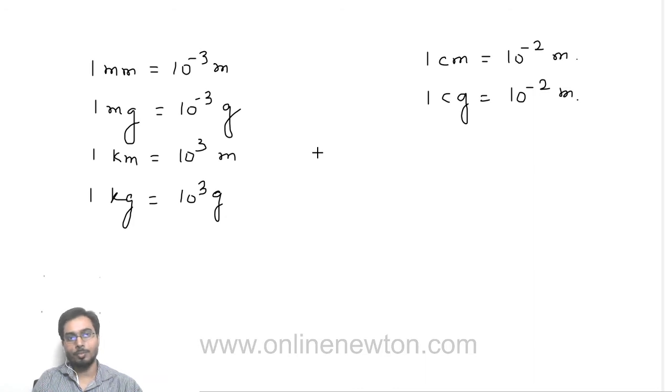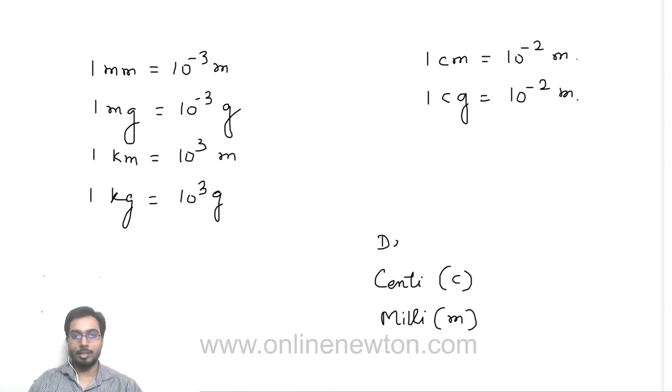Okay. Similarly, you can do it for all other units, 1 decimeter, 1 decameter, 1 centigram, 1 decagram, and all those things. So what is important here, that you have to keep the symbols also in mind. Okay. So I'll tell you the symbols. This is milli, so we use small m. This is centi, so we use small c. Then deci comes, we use small d.